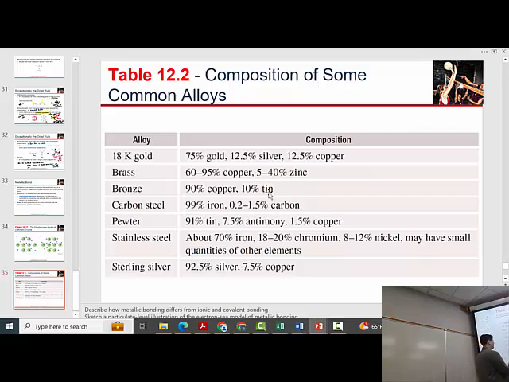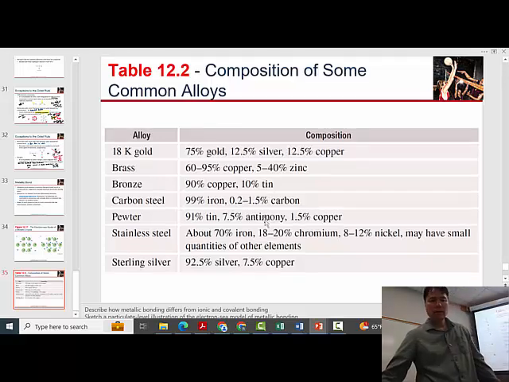Bronze is a little tighter. You know, bronze should have 90% copper. Carbon steel, you know, lots of variety of carbon steel. Pewter, stainless steel. There are lots of compositions of stainless steel. Sterling silver. So those are some metals.